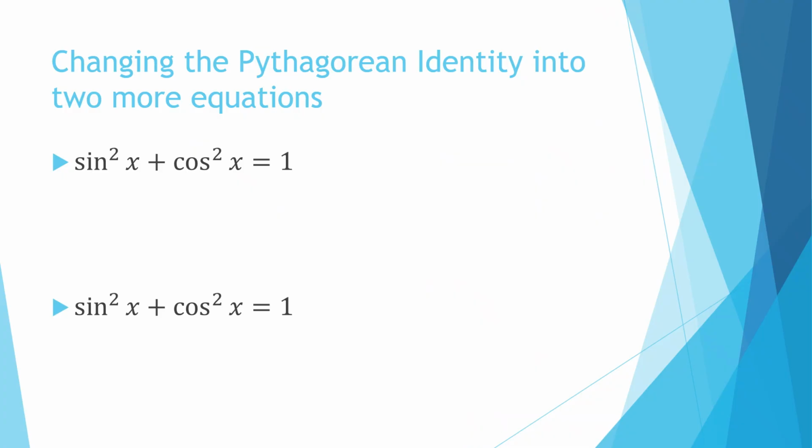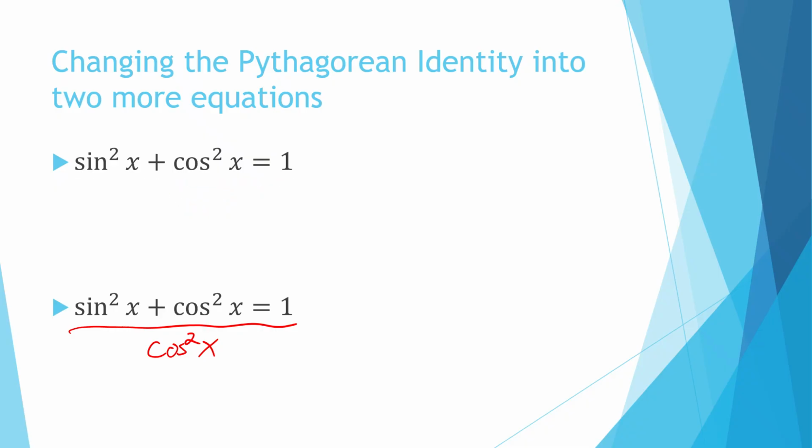Because once you have that equation committed to memory, we can get 2 more equations for basically the price of 1. You get 3 for the price of 1. And the way we do it is we're going to take this whole equation and divide it by sine squared x to get an equivalent equation, and then take this one and divide it by cosine squared x.